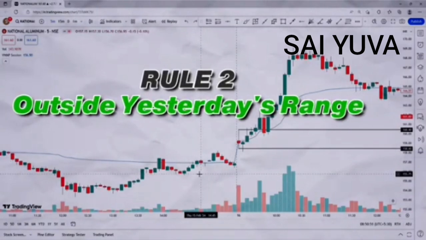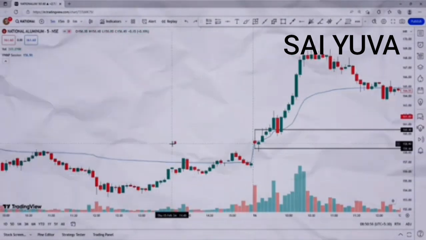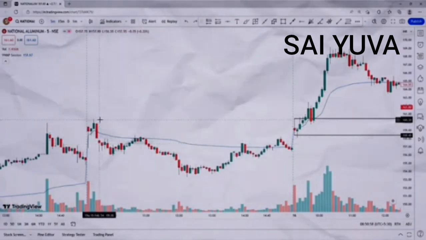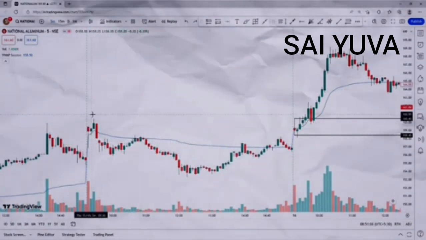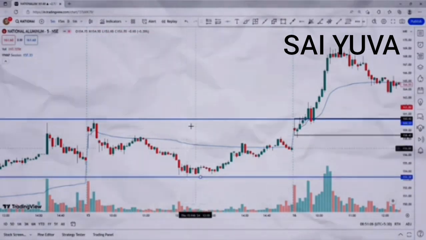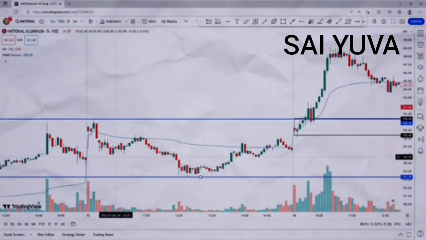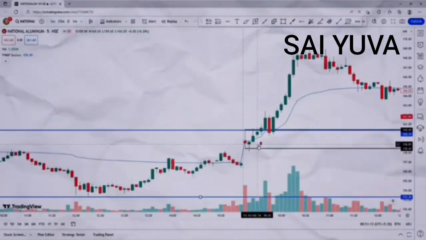In the second rule, we want the current market price to be out of the trading range. That means in tomorrow's trading session, whatever high or low the market has made, you will mark it. Here, we mark the high and then we mark the low. This was the strength of the buyer and seller till yesterday.